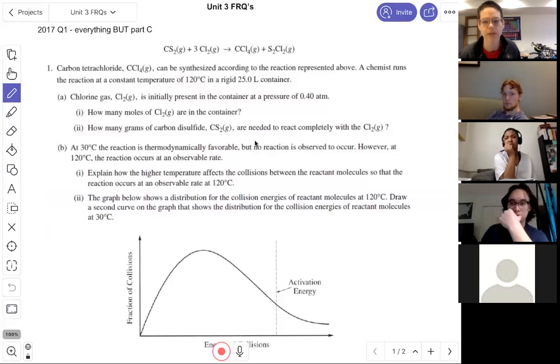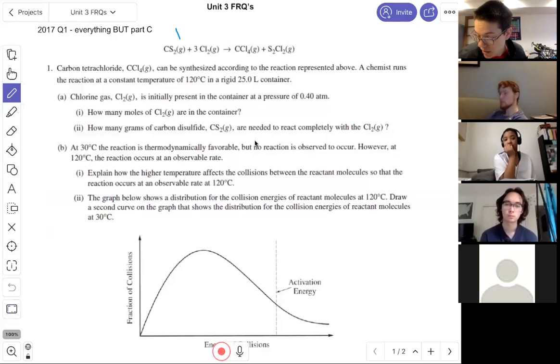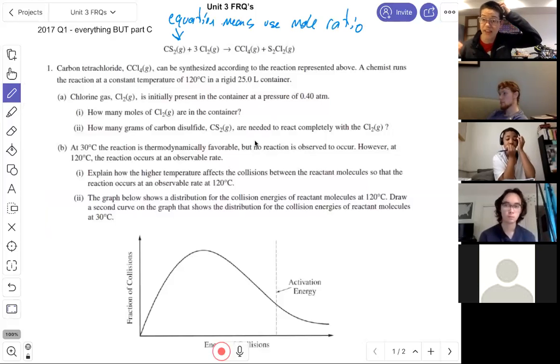Use mole ratio. Okay, so if they give you an equation, some part of the question will use a mole ratio. So that's one thing when you're looking at these questions to recognize.